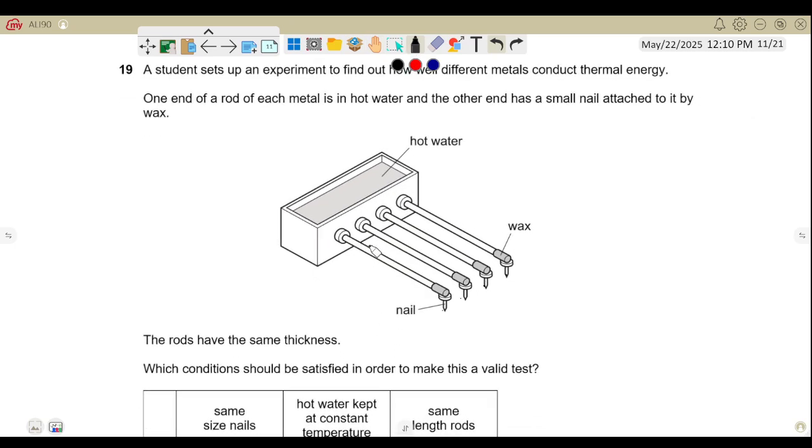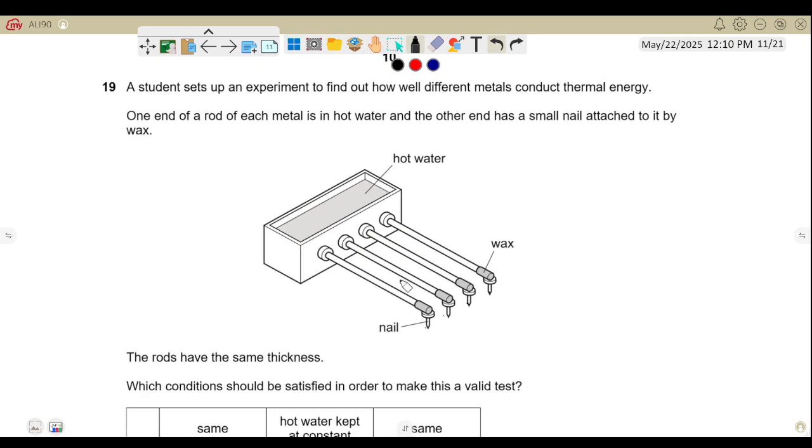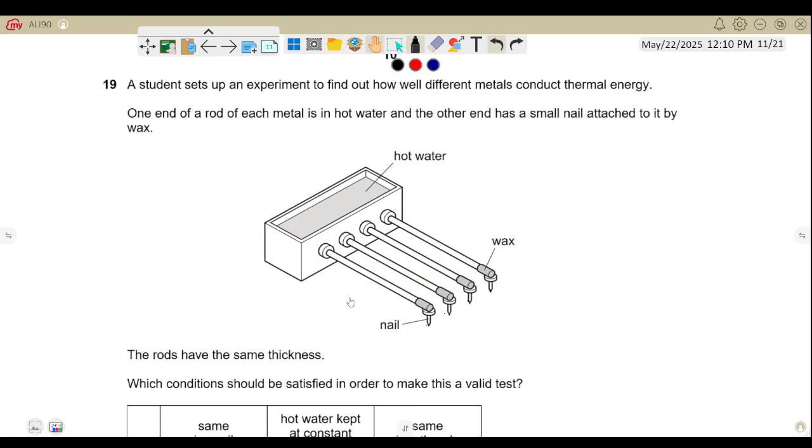For sure, these rods will conduct heat, so this wax must be melting at a certain point to drop the nails. So comparing the timing of dropping of these nails will give us an idea about the thermal energy conduction of each metal.